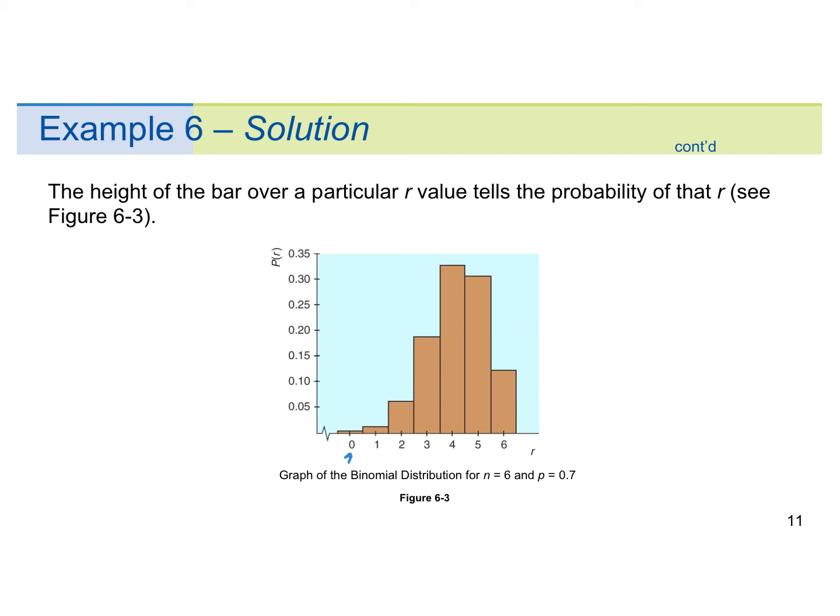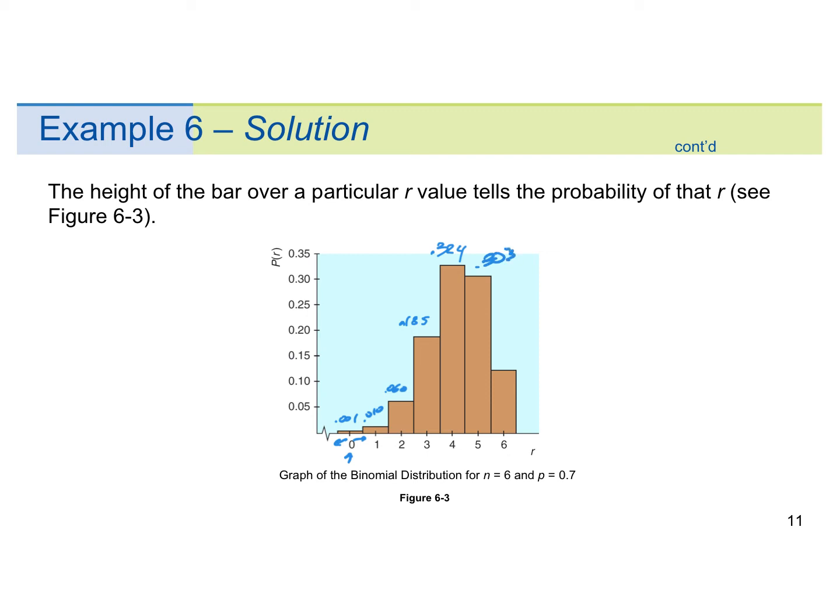So please know that for 0, you're going to go 0.5 this way, 0.5 that way. That's your first bar, and so on and so forth. Make sure that 0.001 goes above the first one, 0.010 above the second, 0.060 the third, 0.185, 0.324, 0.303.